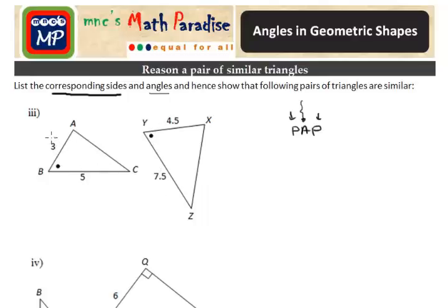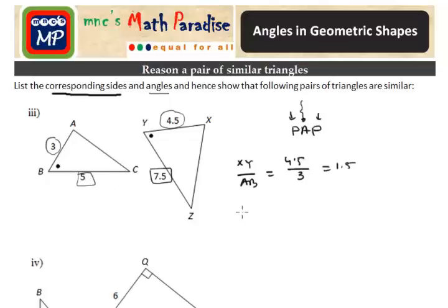This is the smallest arm, 3, its corresponding smallest arm is this 4.5. So if we take the ratio of XY and AB, then it will be 4.5 divided by 3, which is 1.5. The next arm length is YZ 7.5 and BC 5.